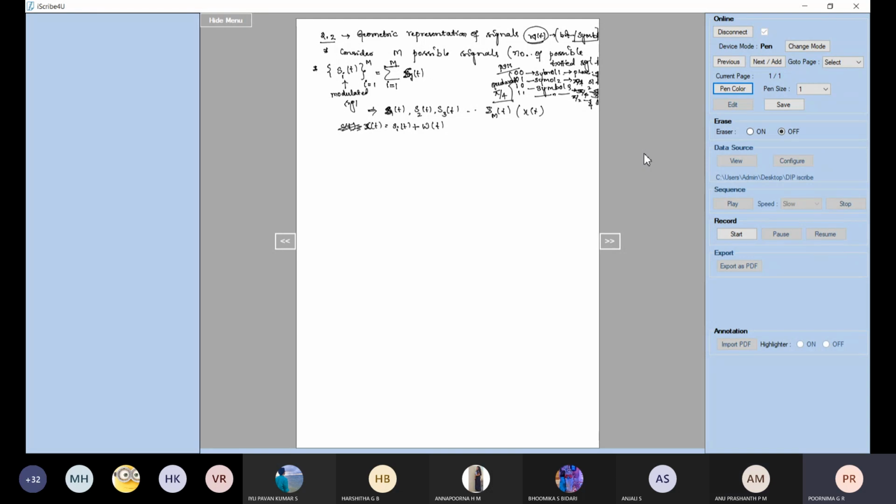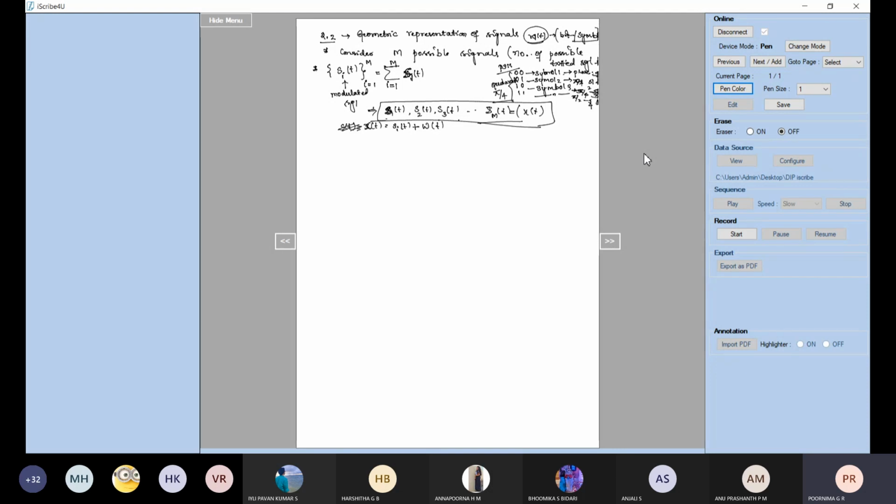So now this xi of t or Si of t may be S1 of t, S2 of t, S3 of t, etc., Sm of t. This is the number of symbols we are going to transmit over a channel.